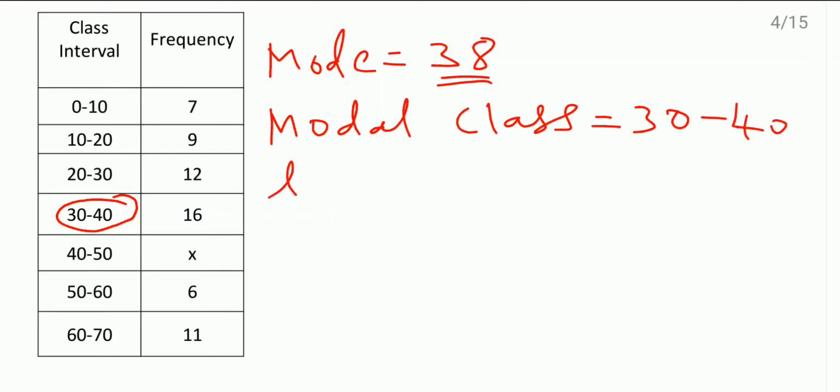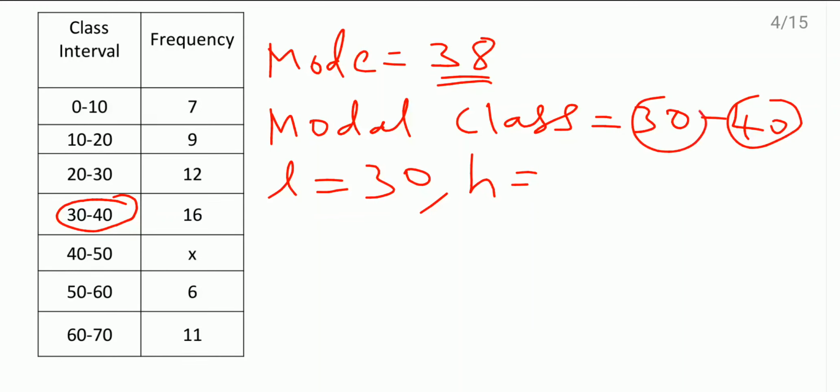It means that the lower limit is 30 and H, that is the class width, means upper limit minus the lower limit, 40 minus 30 will come as 10. And this frequency is called F1, frequency of the modal class. This frequency is F0, frequency of the previous class of the modal class.